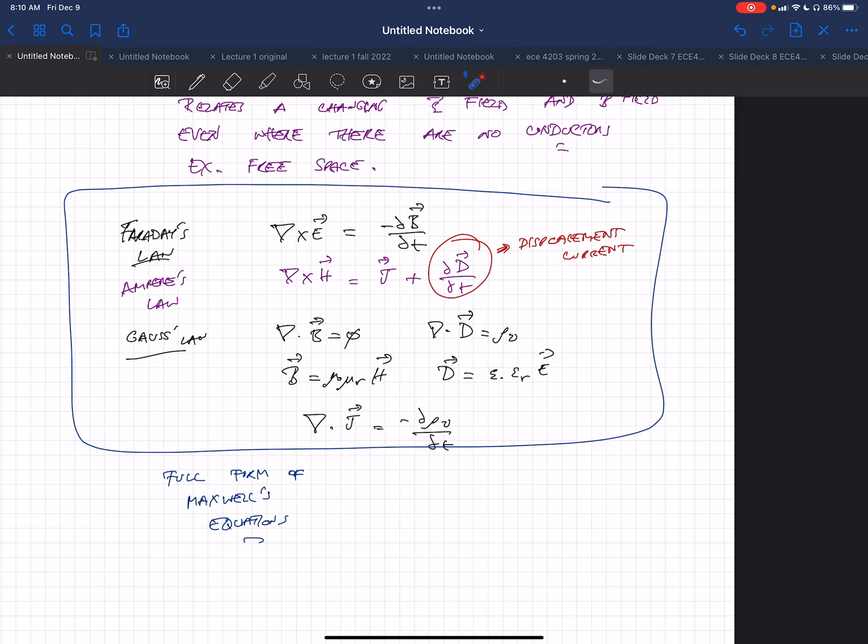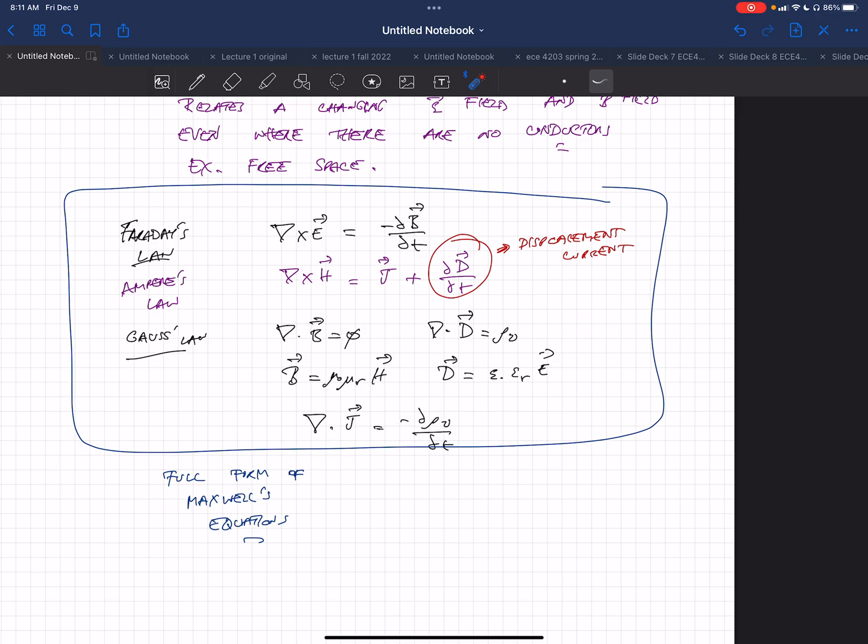So you have this wave that's created that propels itself, or when you're thinking about light traveling, it's traveling through space. It doesn't need a wire to travel through.